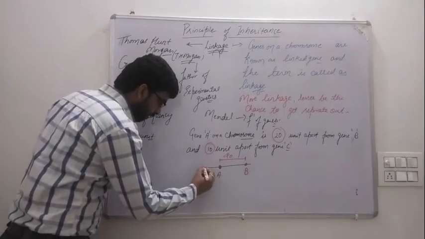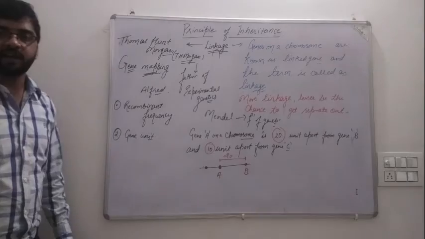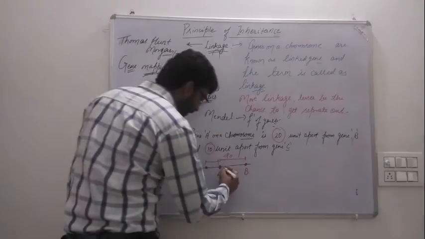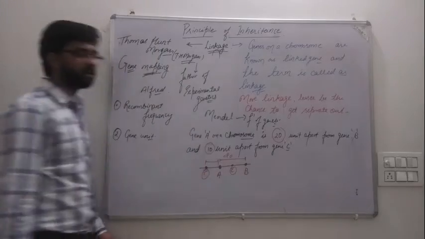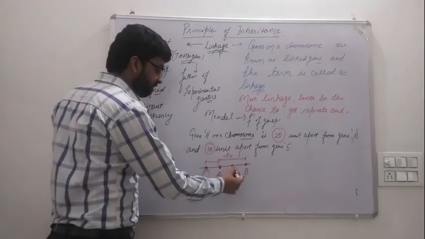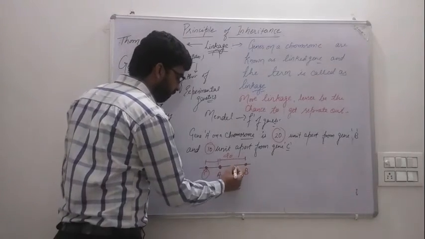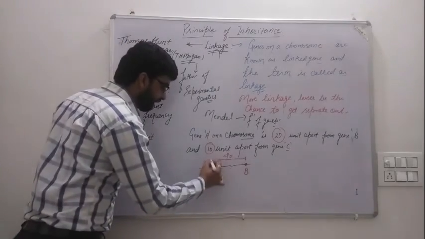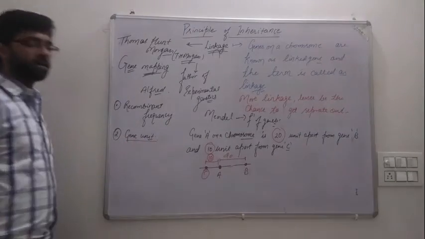Gene C is located either toward the right side of A or the left side of A. There are two possibilities for gene C, and there is no mention of the distance between gene C and gene B. So we write that gene C is located toward the right side of gene A, and the distance between gene A and gene C is 10 units apart. That's the unit.